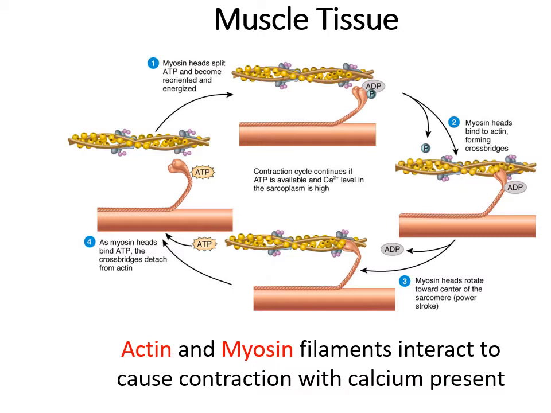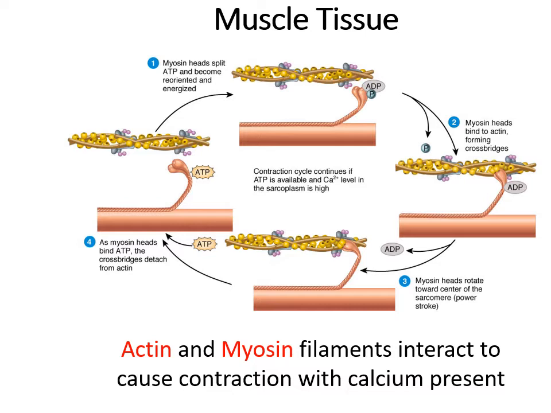Before I get to this slide, there's one other topic I want to mention on the previous slide, and that is when acetylcholine is released by the motor neuron to stimulate the muscle fibers, there needs to be an enzyme to eliminate the acetylcholine after it's stimulated the muscle.